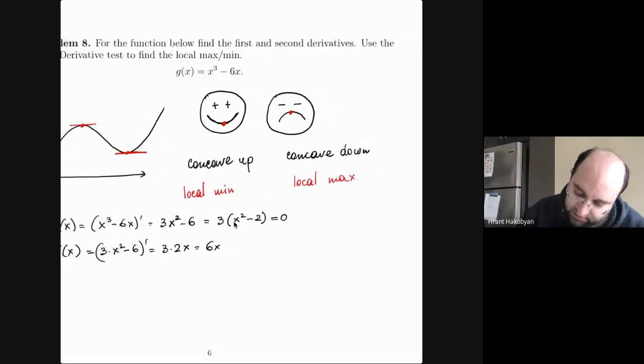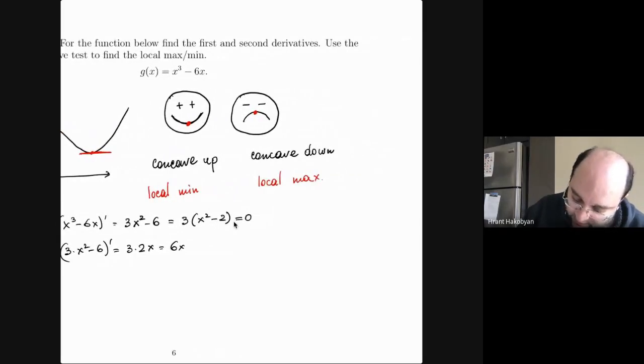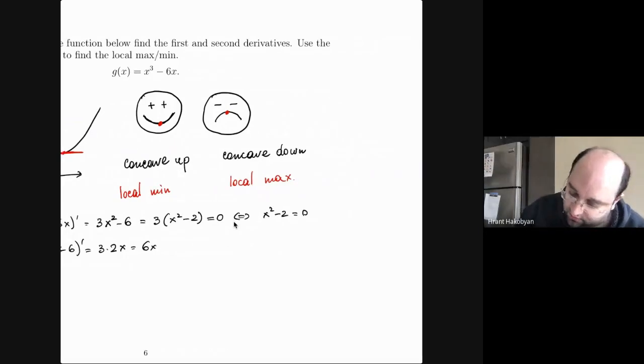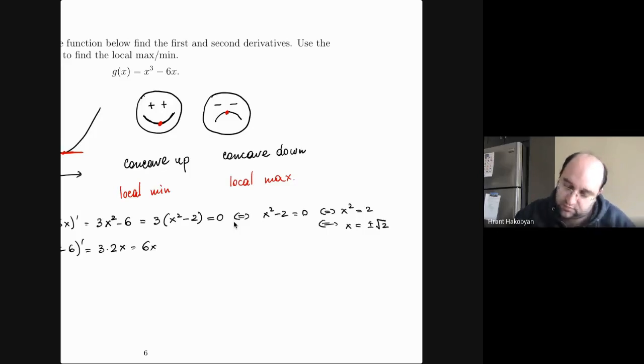If I solve, x squared is equal to 2, which is the same thing as saying that x equals plus or minus square root 2.